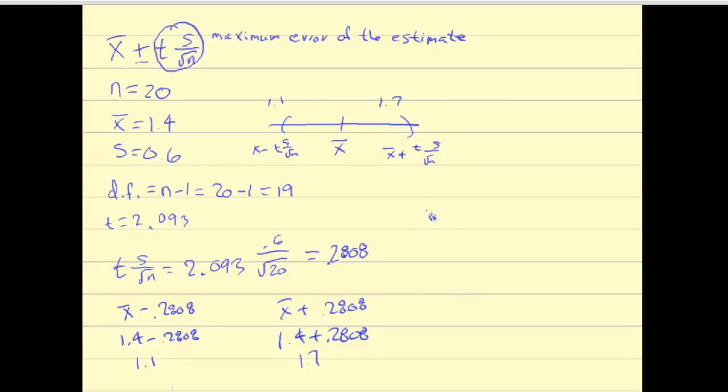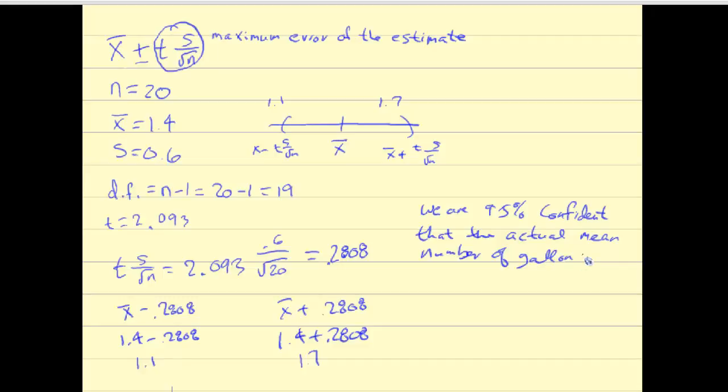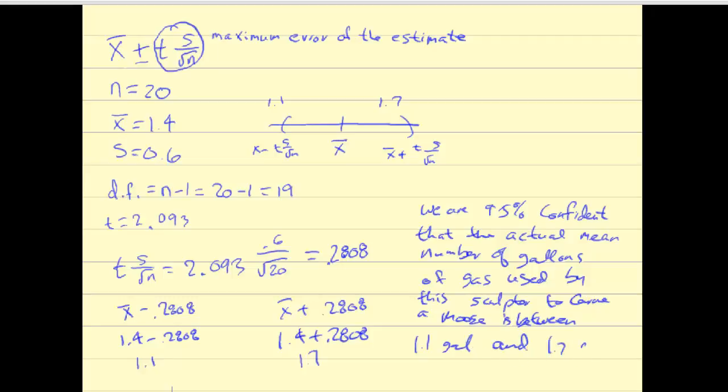And the way that we would interpret this interval is we would say we are 95% confident that the actual mean number of gallons of gas used by this sculptor to carve a moose is between 1.1 gallons and 1.7 gallons.